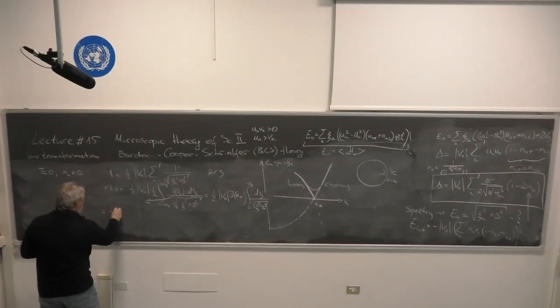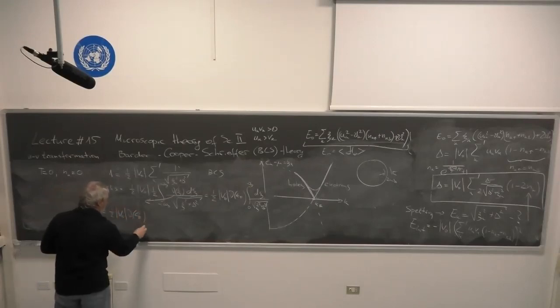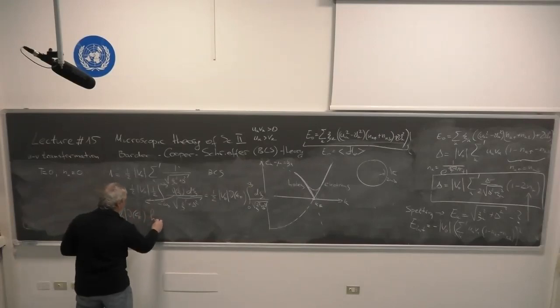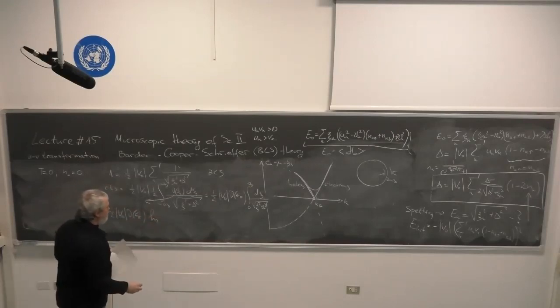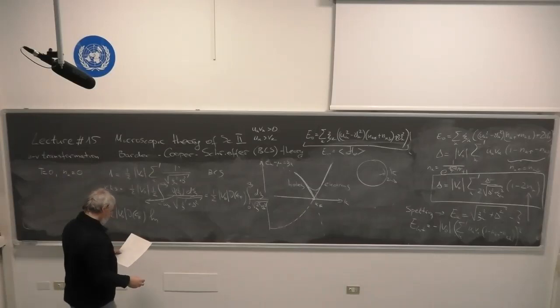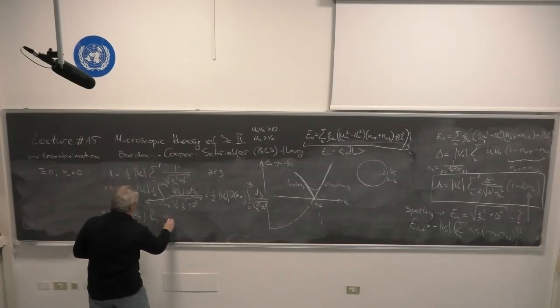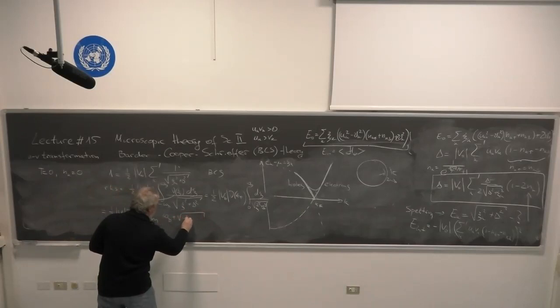This is 1/2 V naught density of states at the Fermi level, and this is the so-called long logarithm. This is the logarithm of omega d plus, on the upper limit, square root of omega d squared plus delta squared, divided by delta.